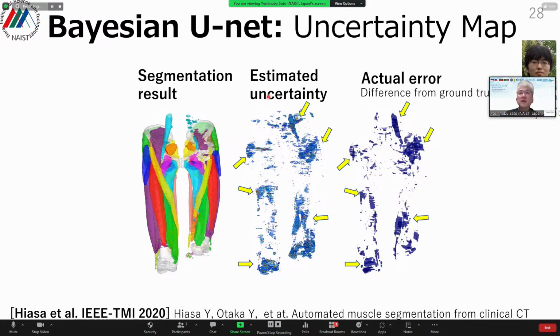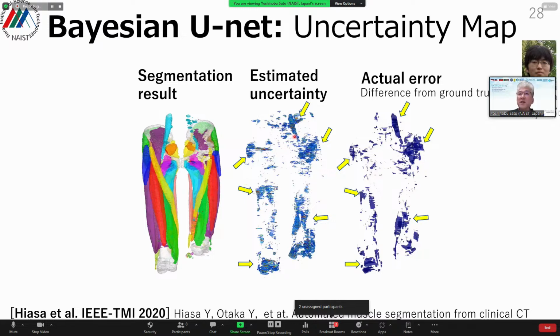Of course, this uncertainty is calculated without knowing the ground truth. This shows the actual error regions. Comparing uncertain regions and actual error regions, you can observe very similar structure.